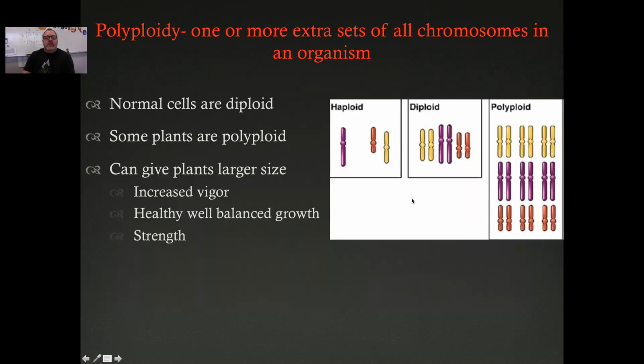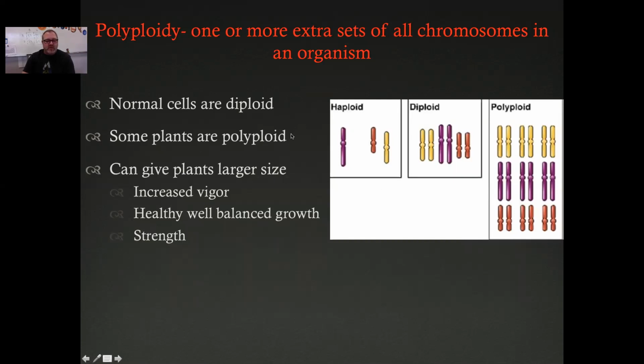So other conditions that happen with the chromosomes are like polyploidy. That means poly means many, mono means one, di means two, tri means three. So this polyploid that we see over here is actually what we call triploid. This one is diploid, because there are two of each one.